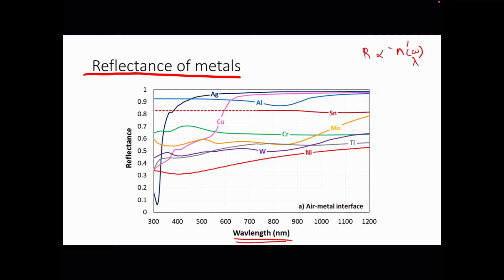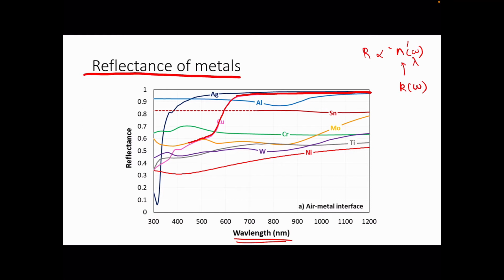Let's say copper has almost flat lines at long wavelengths, and close to, let's say, about 600, there is a small dip in the reflectance. This reflectance also shows that there will be a small dip in the real part of the refractive index, and you know the real part and the complex part of the refractive index are linked together by the Kramers-Kronig relation, right?